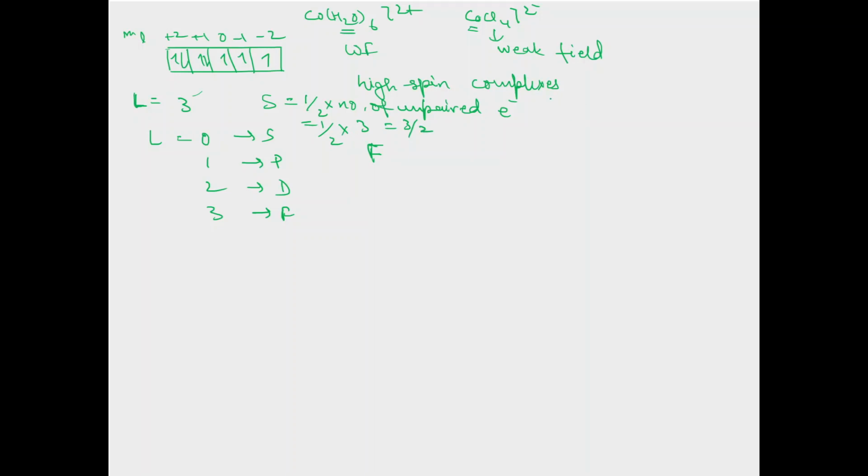And therefore the spin multiplicity, which is 2S plus 1, will be 2 into 3 by 2 plus 1, that is equal to 4. So here it's 4F, right?